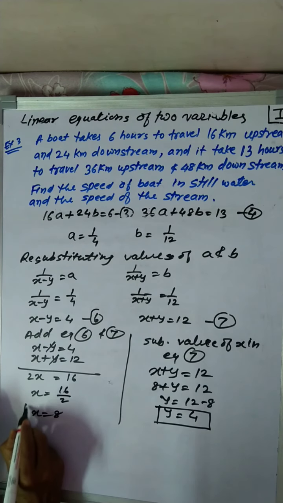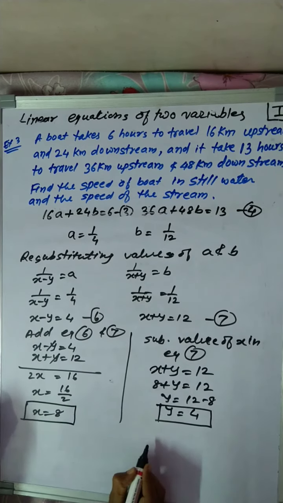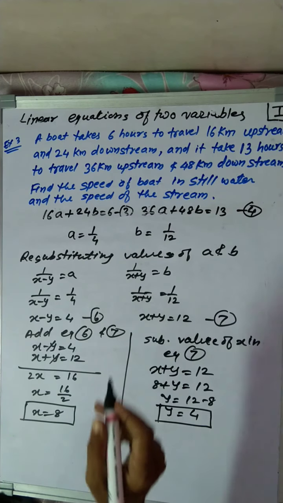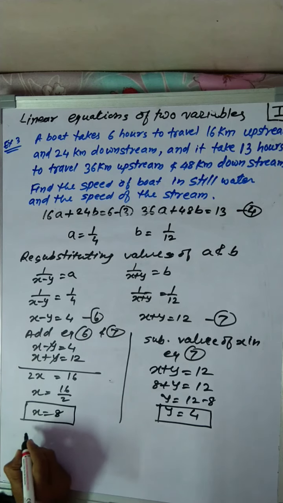That's our final answer. X is the speed of the boat in still water.